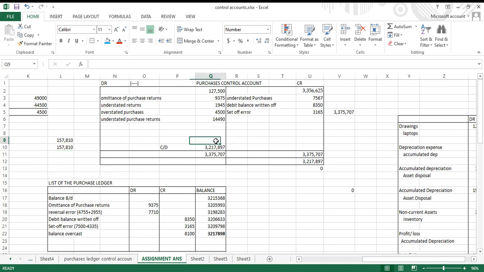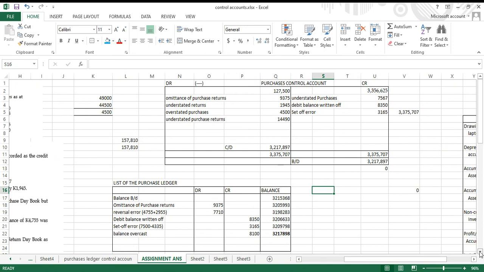So to get our balance carried down, we're going to subtract: 3,375,707 minus 157,810. And this is our balance carried down, 3,217,897. So that's our balance on our control account.